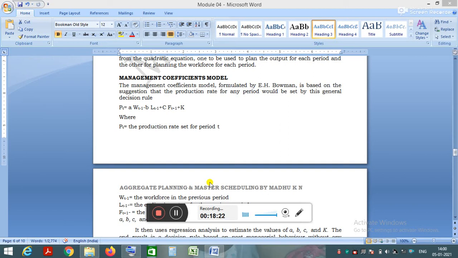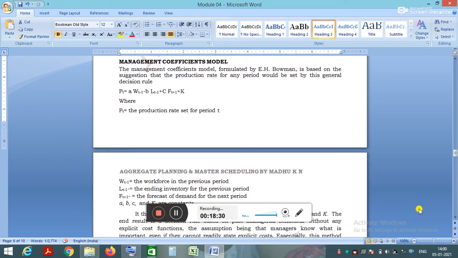P suffix t is the production rate. W suffix t minus 1 is the workforce of the organization in the previous period. L suffix t minus 1 is the inventory in the organization for the previous period. F suffix t minus 1 is the forecast of the demand for the next period.